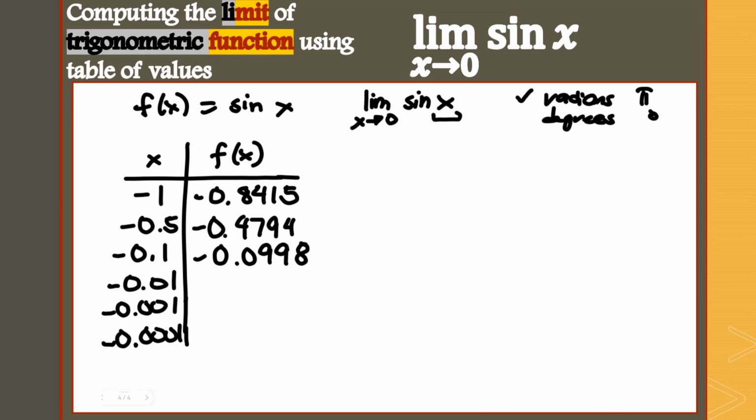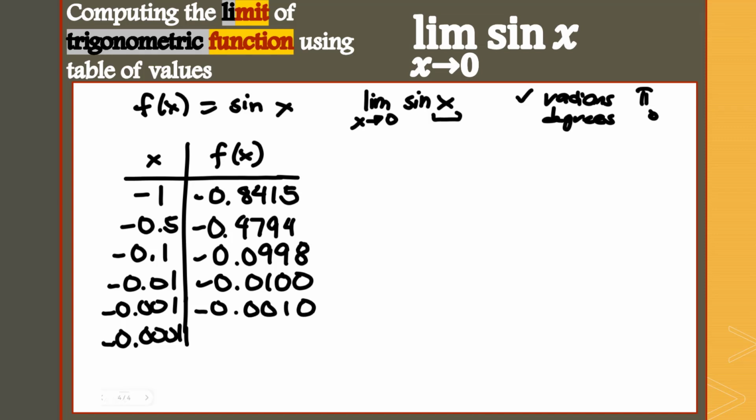So as we look into this, you plug in these values to your calculator. Again, make sure that your calculator is in radian mode. So you will get the value here of -0.0100. As you plug in -0.001, you will have -0.0010.